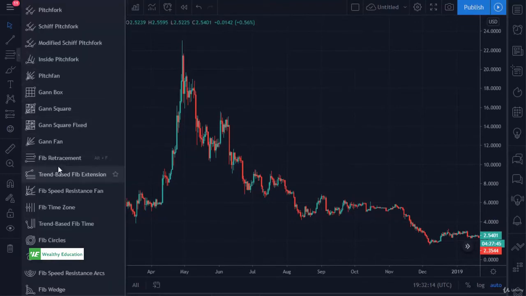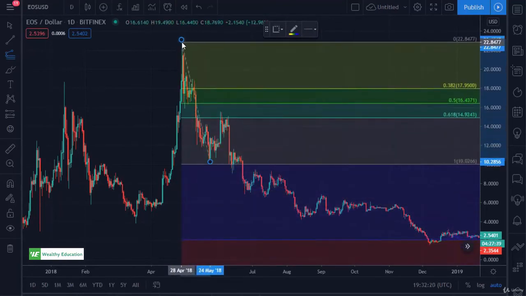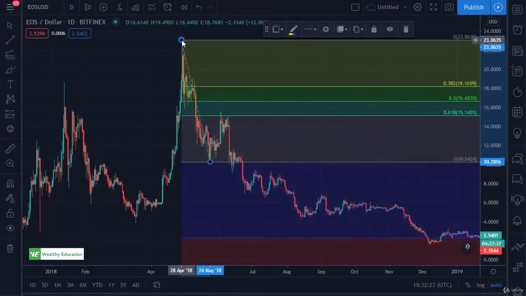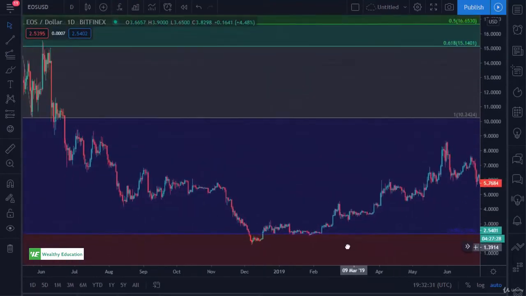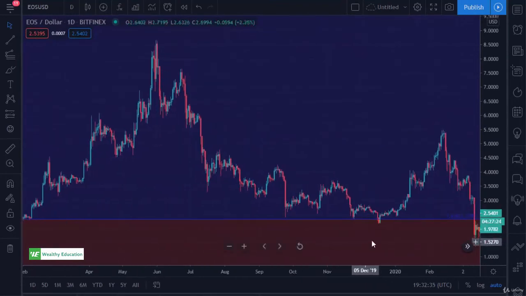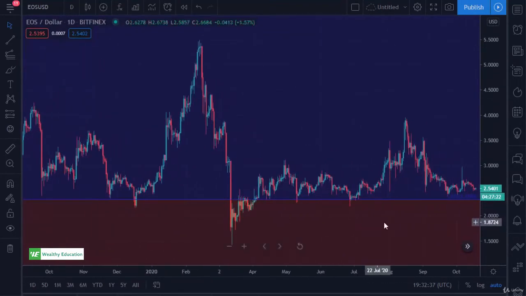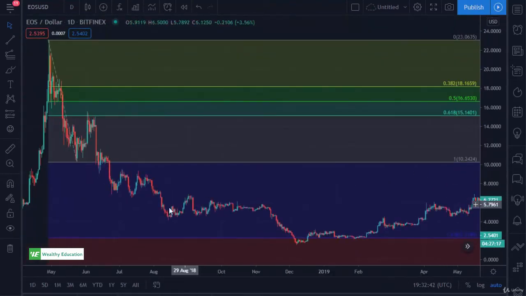So again, let's try it over here in the EOS from this big sell-off here. And you can see that we pulled back, and then once we broke down through this low, we did go down to the 1.618 and then bounce from there multiple times. And as we continued, it continues to offer a bit of interest to present day as I record this.